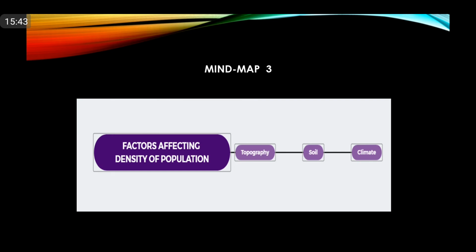You know why? Because climate is not the same everywhere; different types of climates are found on the earth's surface, and people would not prefer to live in those areas which have an extreme type of climate, right.